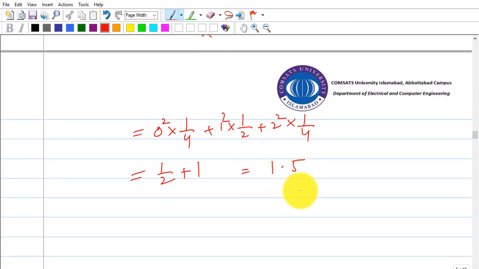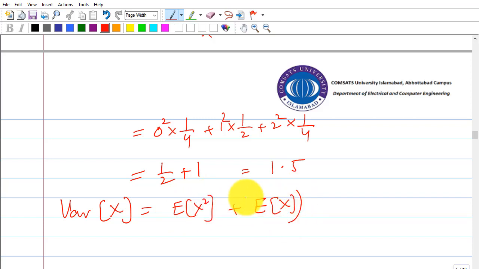Now we can find the variance of x, which is the expected value of x square, the second moment, minus the square of the first moment. So this is 1.5 minus 1 square. Sorry, this is minus.